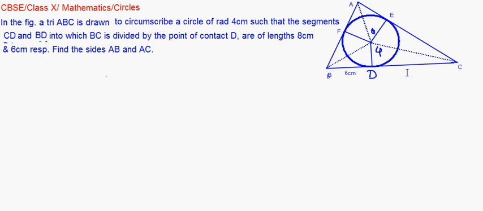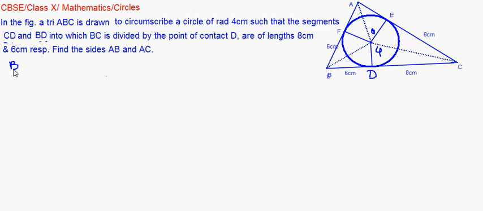Here I make it 8 centimeter, and this will also again be 8 centimeter, because from an external point we are drawing these two tangents. Here also it will be 6 centimeter. We are not aware of AF and AE. So we have joined OA, OB, OC, OE and OF. From an external point, the tangents drawn will be equal.